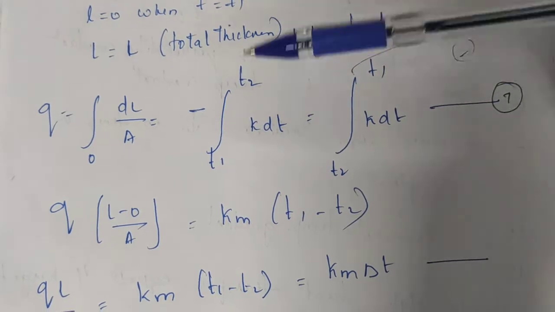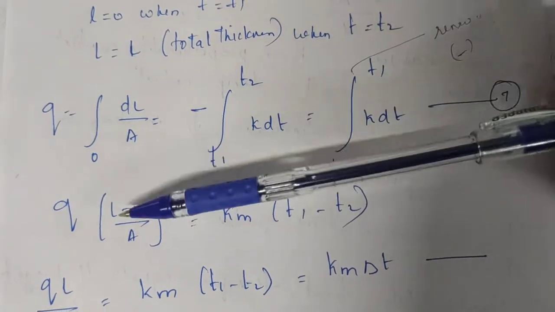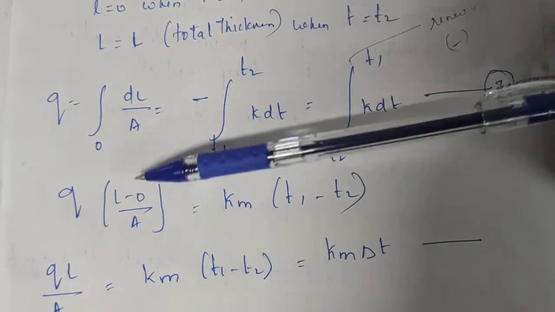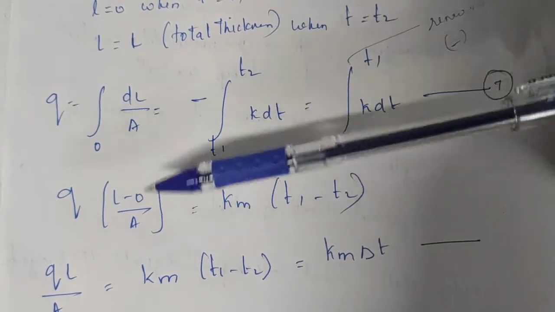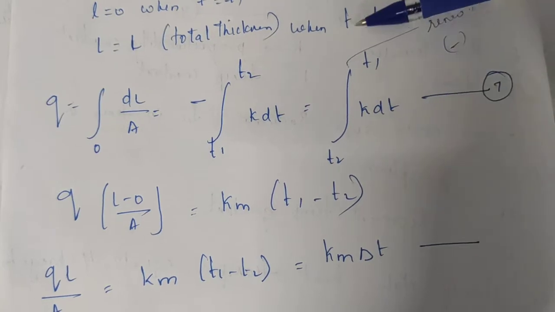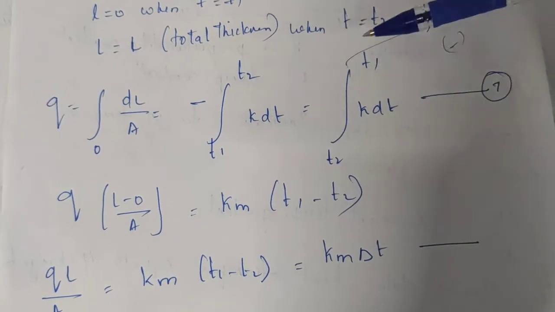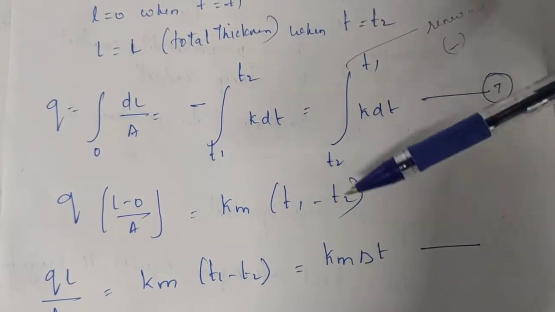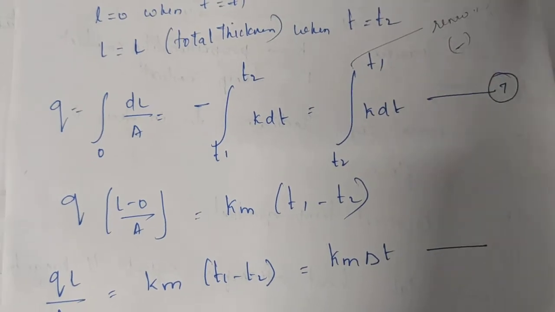Okay, when we simplify this equation again, we get Q into (L minus 0) by A is equal to km into (T1 minus T2). As we are talking about a temperature difference, T1 and T2 are there, so T1 minus T2 with km.